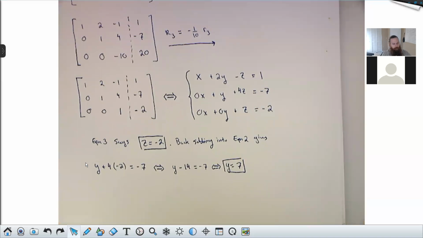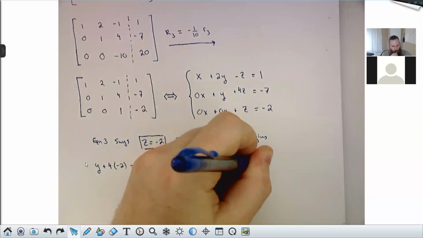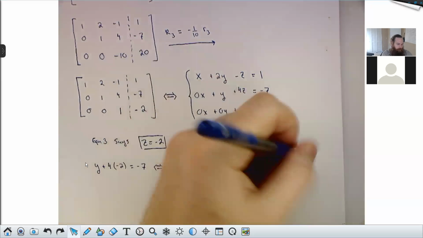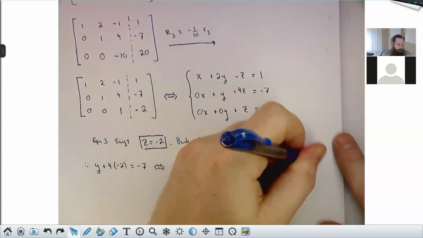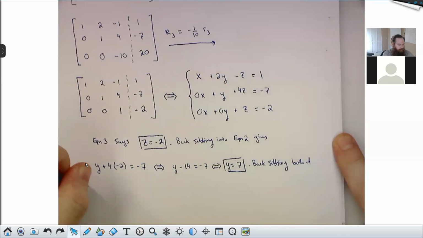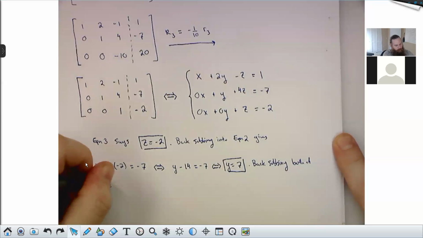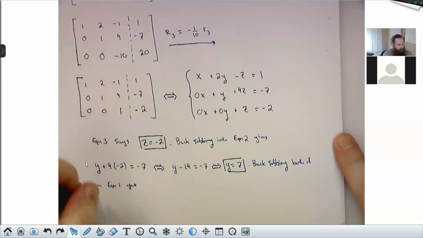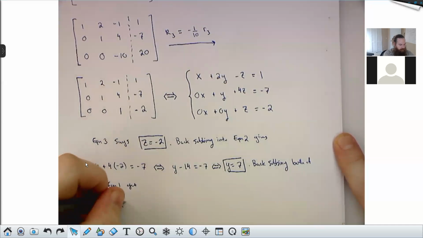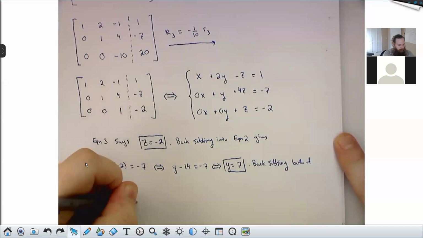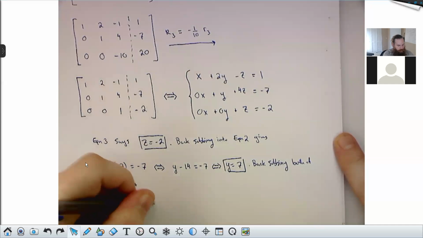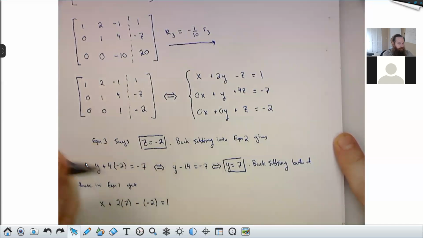And back subbing both of these in equation 1, we get x plus 2 times y, well, y is 7, minus z, well, z is -2, equals 1.